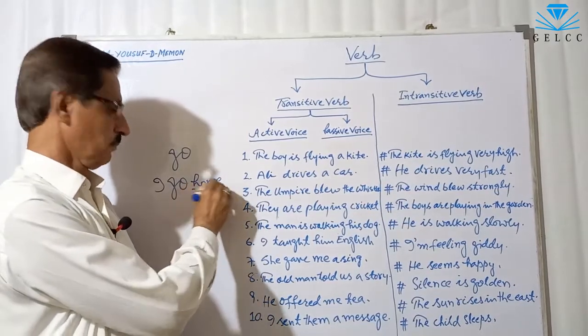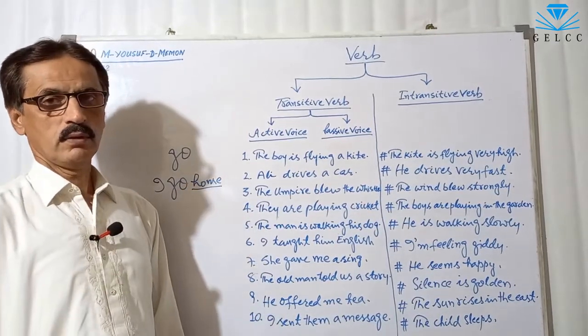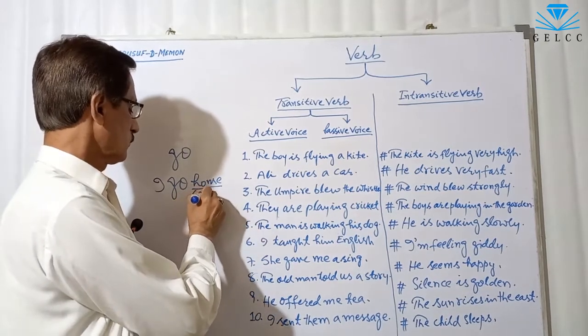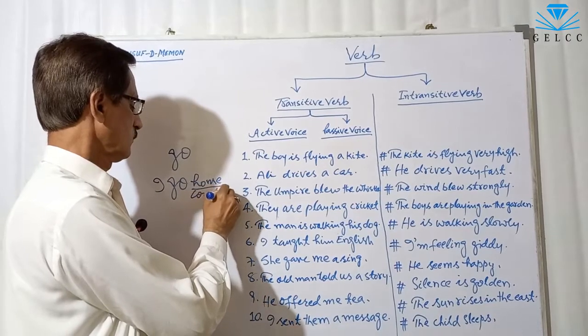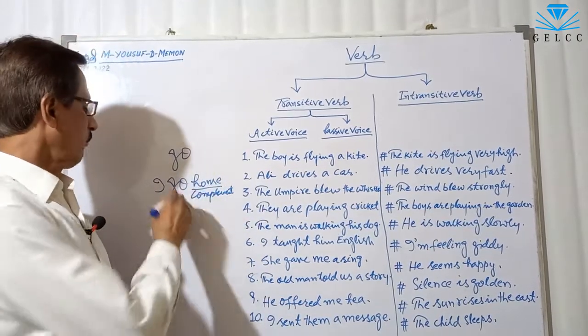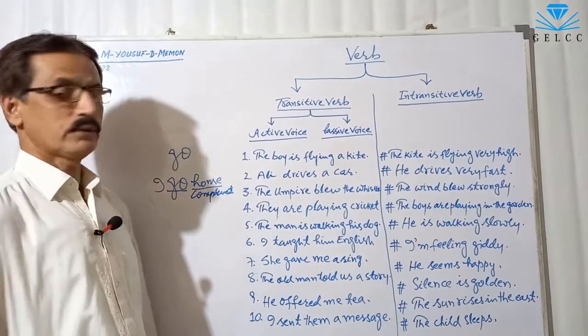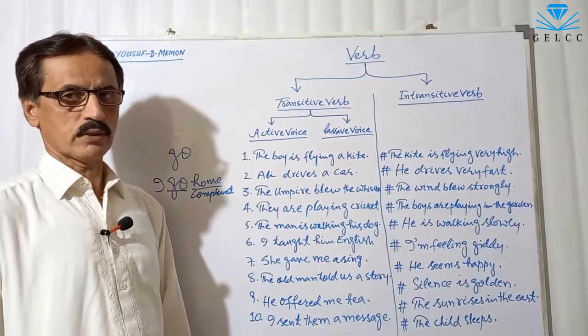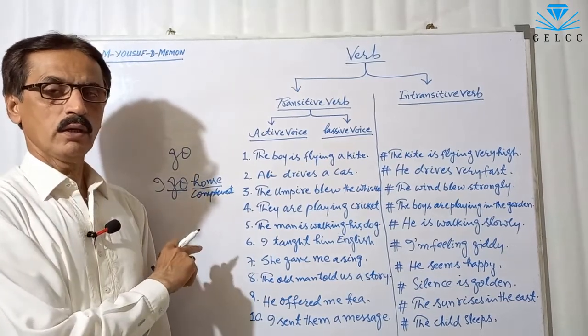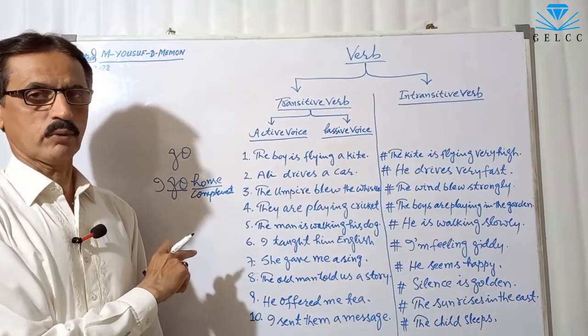Home. This is complement. So, the verb go is intransitive verb, not transitive, because this verb requires only complement. It does not require object.